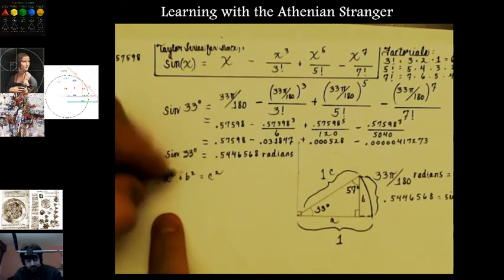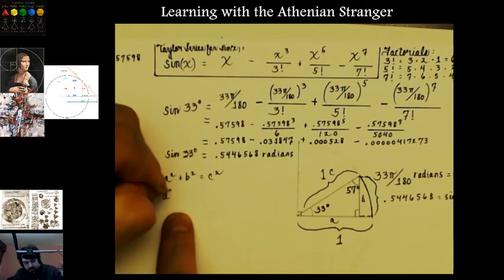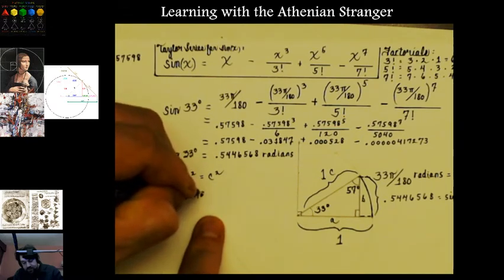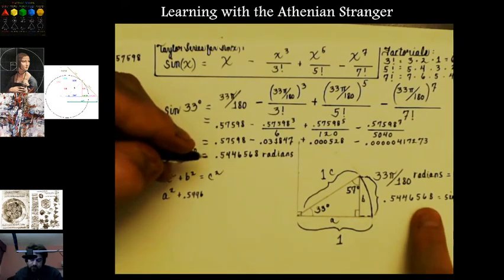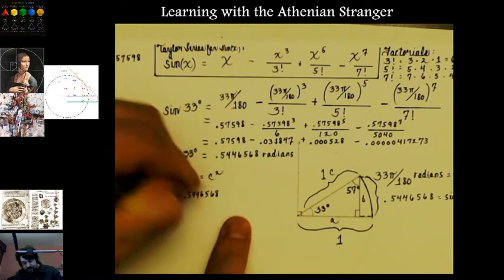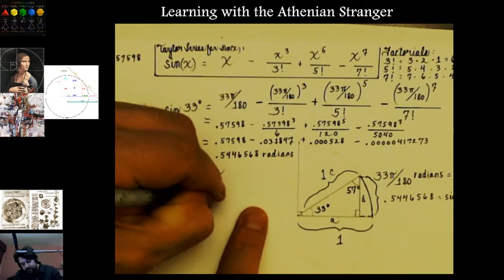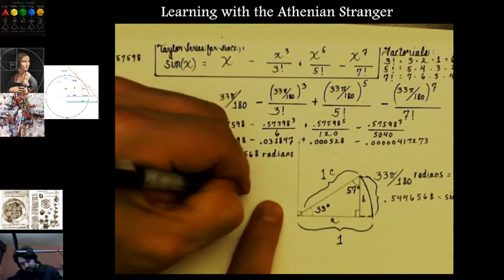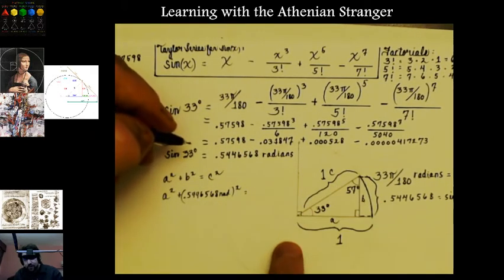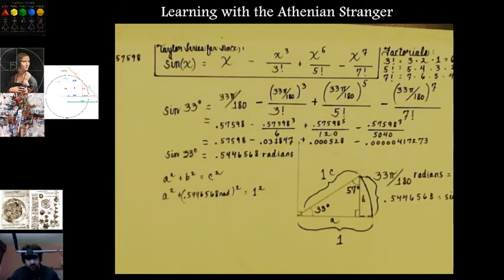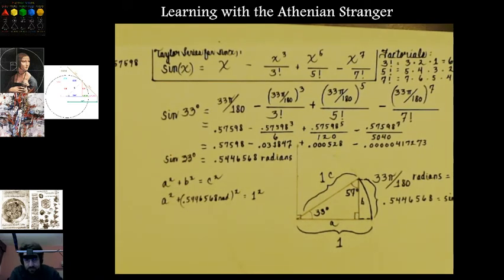B is 0.5446568 radians. So if I say a squared, which I don't know, plus 0.5446568 radians squared equals c squared, which is 1 squared. Well, 1 squared is 1. So this is going to be easy. Now let's isolate the term we can't find.